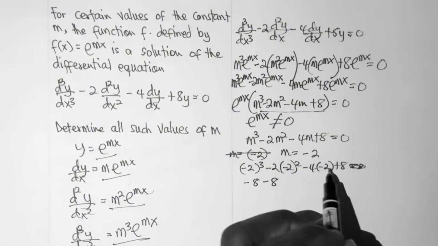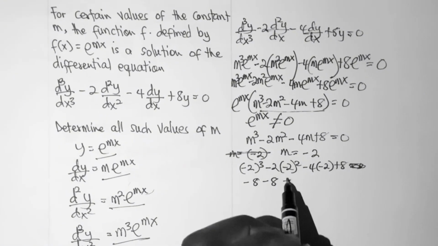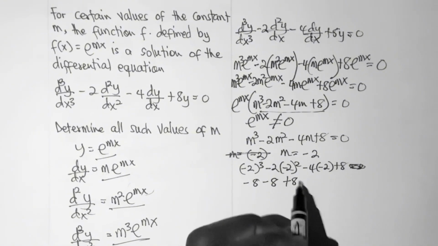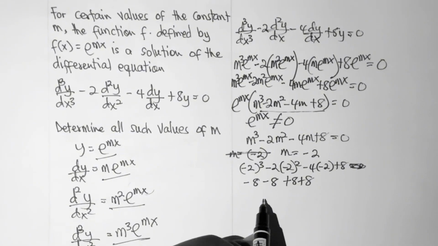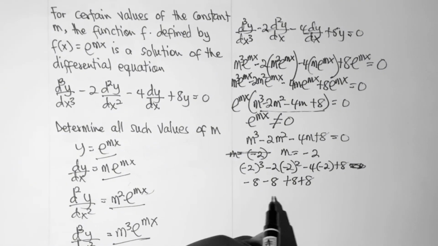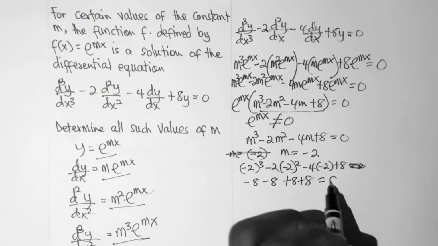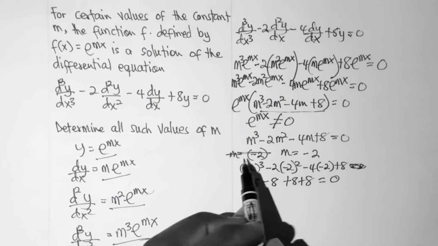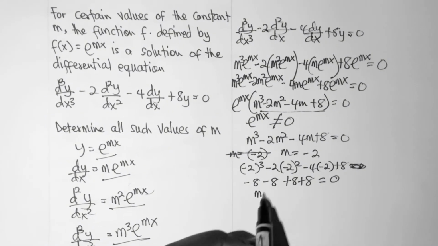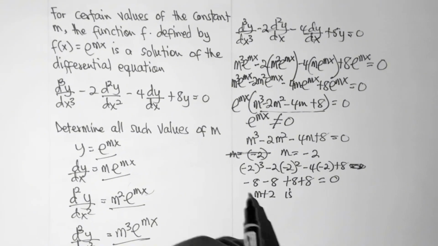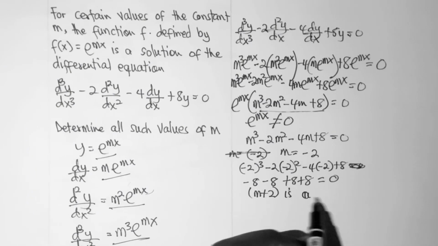Then minus 4 times minus 2 becomes plus 8. And then we already have plus 8 here. So minus 8 is minus 16, plus 8 is minus 8, plus 8 is 0. Since m equals minus 2 gives us 0, it means that m plus 2 is a factor.